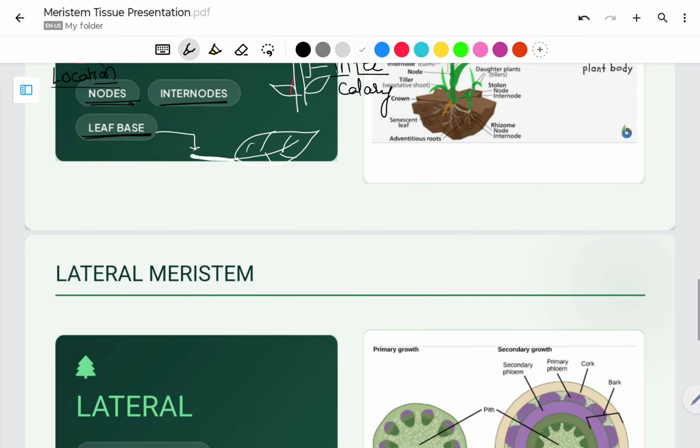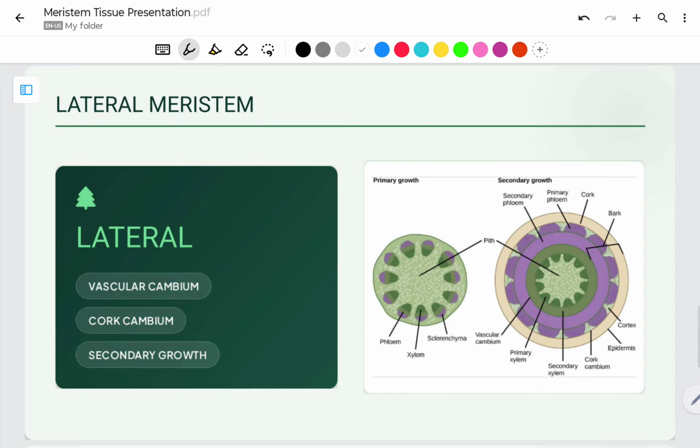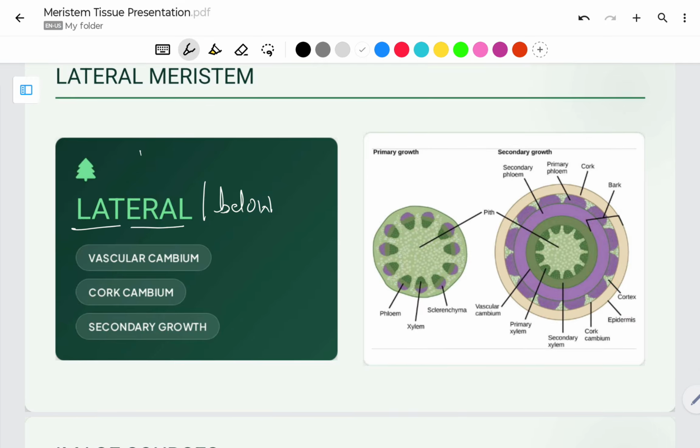Now the third type of tissue is lateral meristem. Lateral means below, the downside or the periphery. This tissue generally occurs at the periphery of the plant.